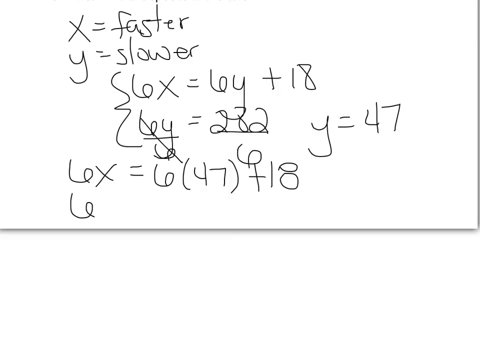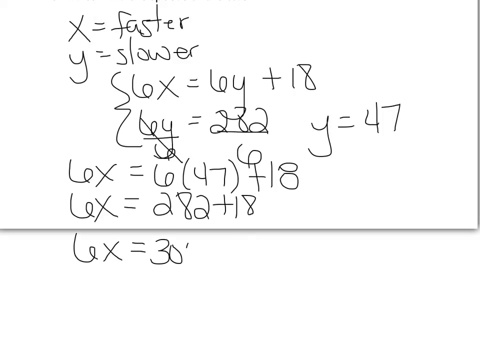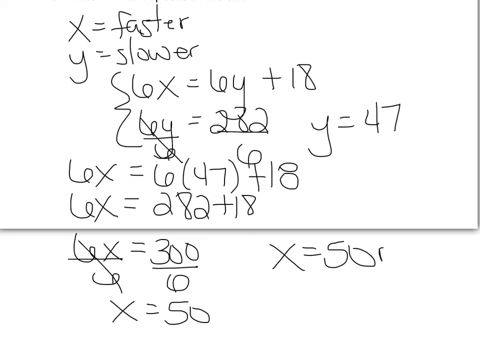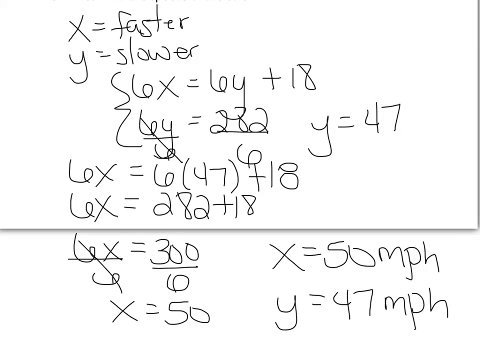So then you have 6x is equal to 282 plus 18. So you have 6x is equal to 300. Divide both sides by 6, you get x is equal to 50. So the faster car is going 50 miles per hour, and the slower car is going 47 miles per hour. And that's your answer.